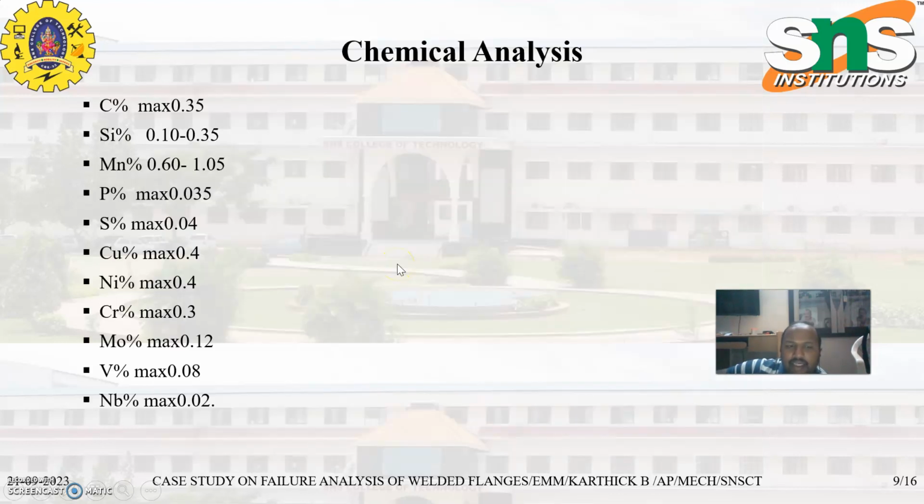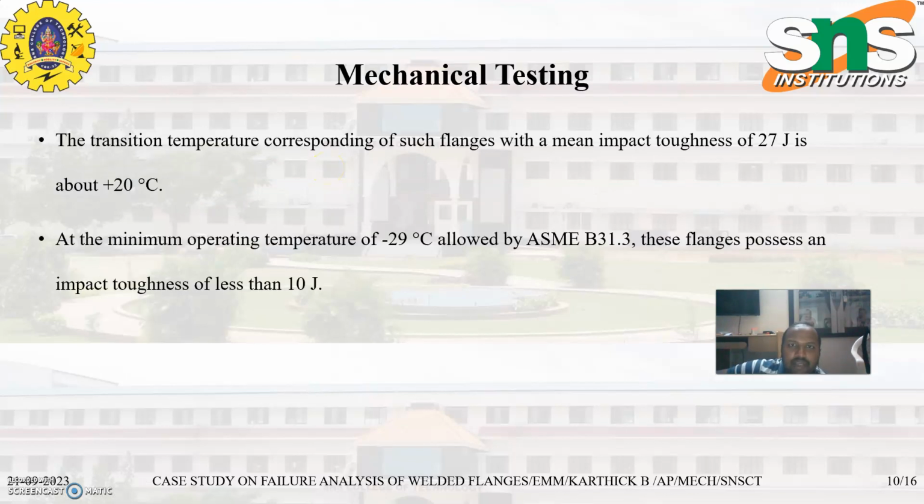When we take the chemical composition, we can see predominantly silicon, which is 0.1 to 0.35, and manganese, which is 0.6 to 1.05 weight percentage, and this chemical composition is perfectly okay and matches the specification. The next thing is mechanical testing.